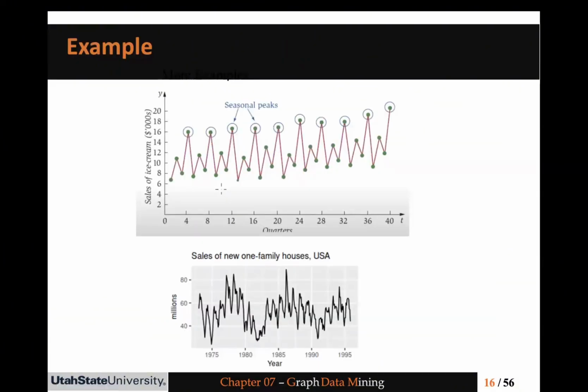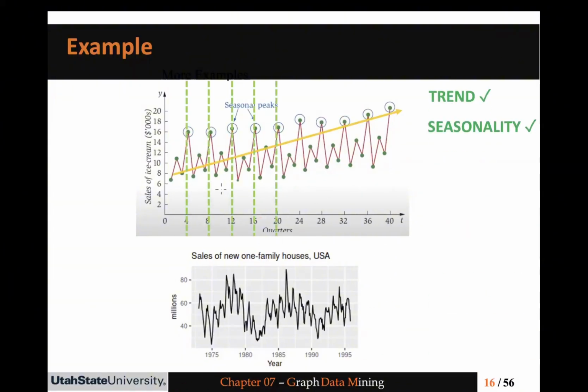Another example. Feel free to pause the video and think about it at ease, but I'm just going to skip through and discuss the solution. Here we're definitely talking about some trend, right? If you look at the values, they have a tendency to increase.